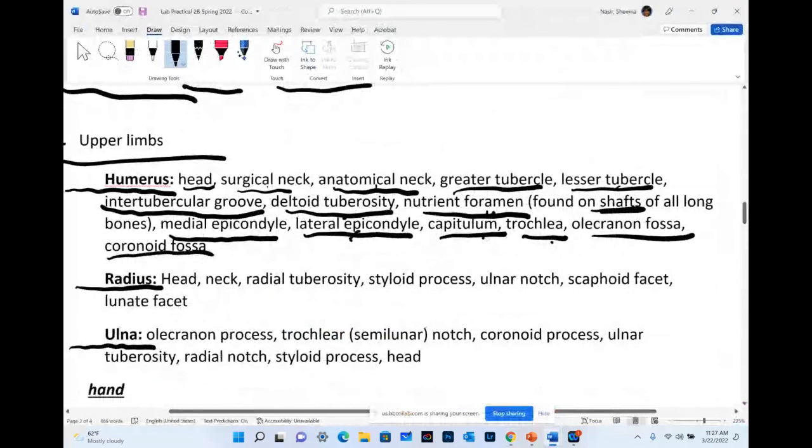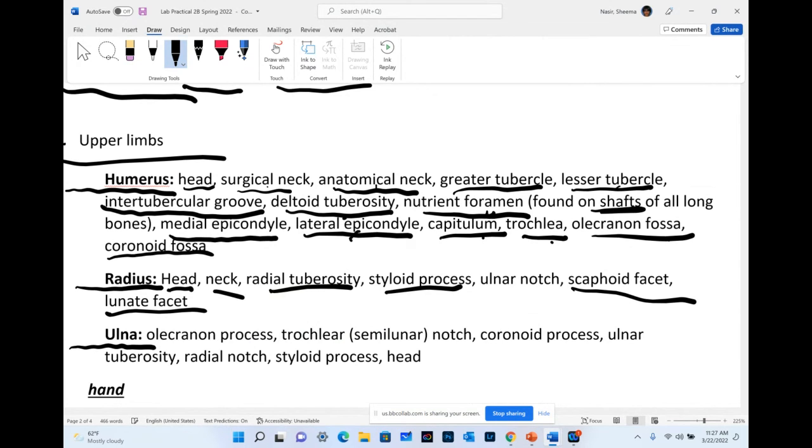So in the radius, you can see again head, neck, radial tuberosity, styloid process, scaphoid and lunate facet, and then there is the ulnar notch. Okay, easy peasy.